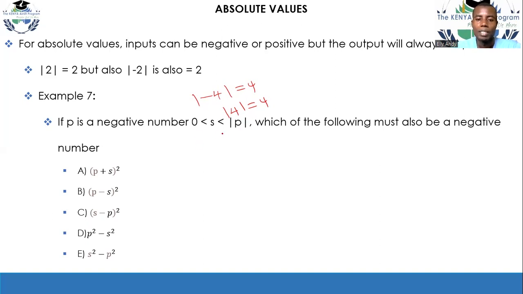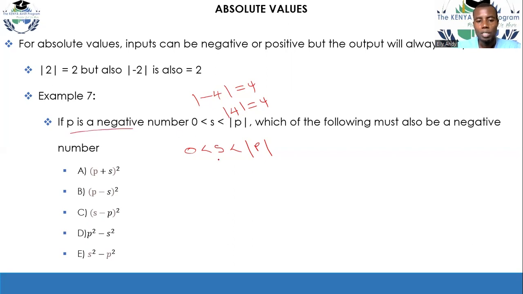So now let's come to our question. We have this inequality here, 0 is less than S, which is less than the absolute value of P. Remember here, it's only the absolute value of P that is positive. But whatever is inside here, that is P itself, can be negative or positive. Although we are told in this question that P is negative.